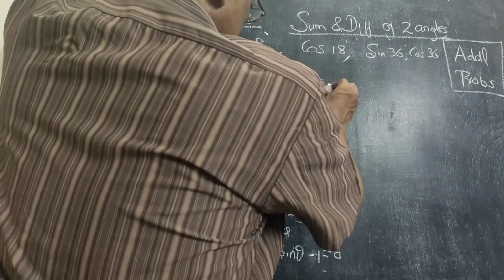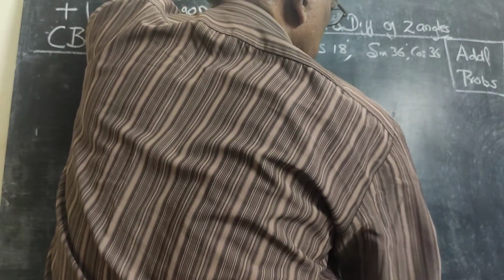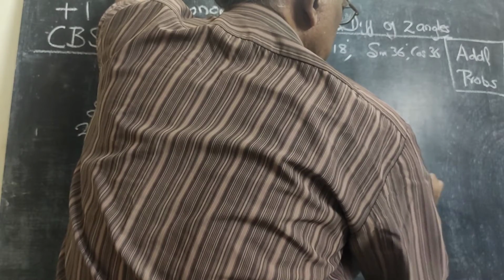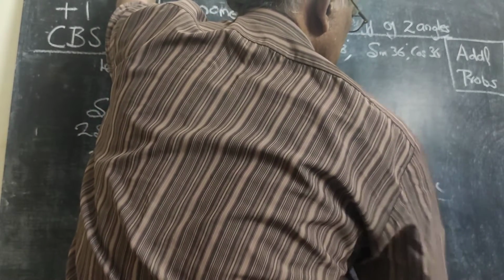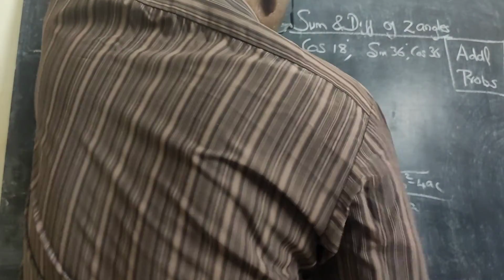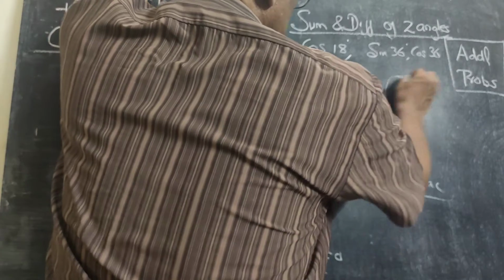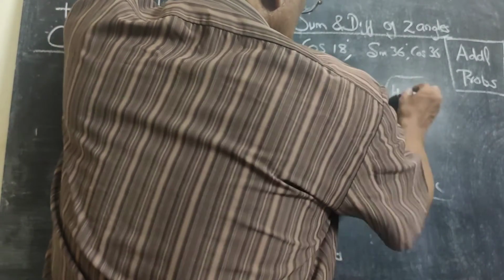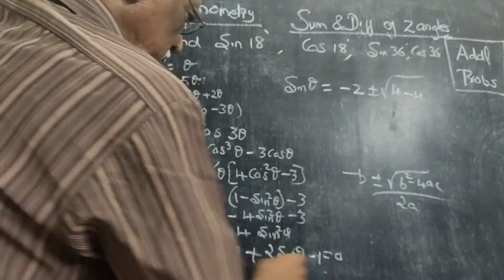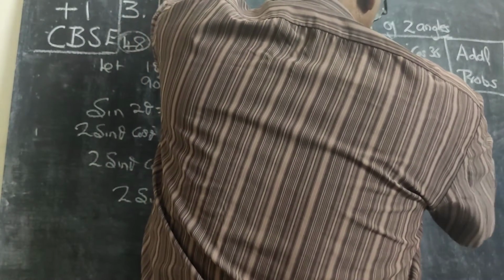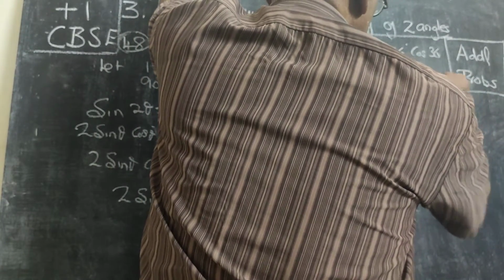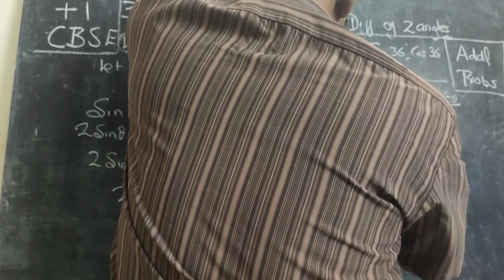So using the formula sin theta equal to minus b plus or minus square root of b square minus 4ac divided by 2a, where a is 4, b is 2, and c is minus 1.